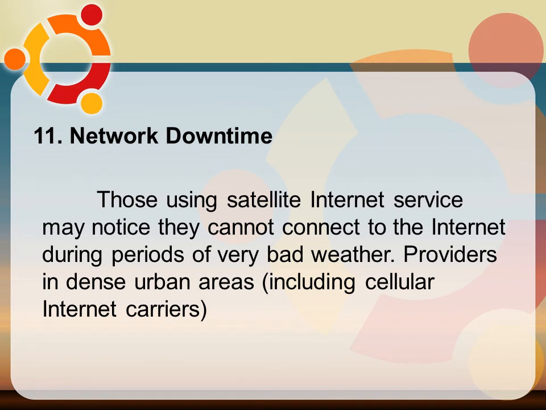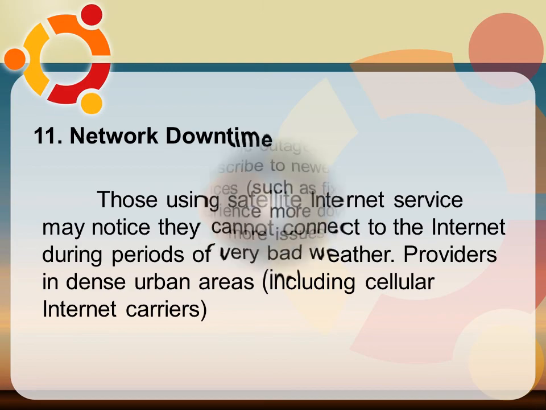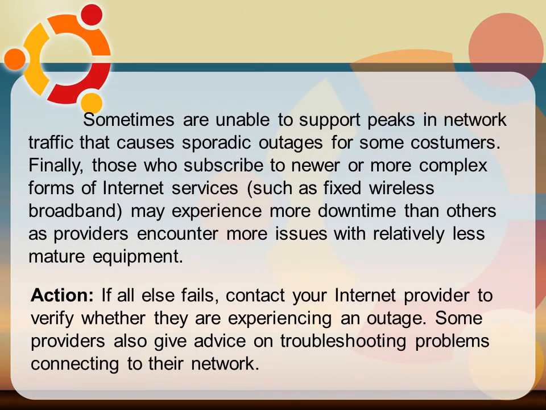Network downtime. Those using a satellite internet service may notice they cannot connect to the internet during periods of very bad weather. Providers in dense urban areas, including cellular internet carriers, sometimes are unable to support peaks in network traffic that cause sporadic outages for some consumers.